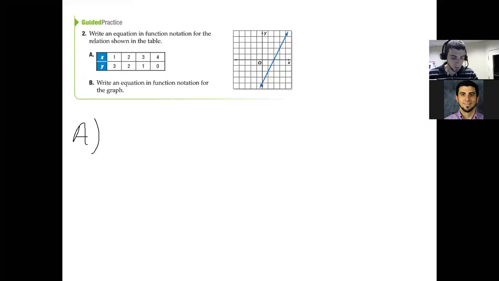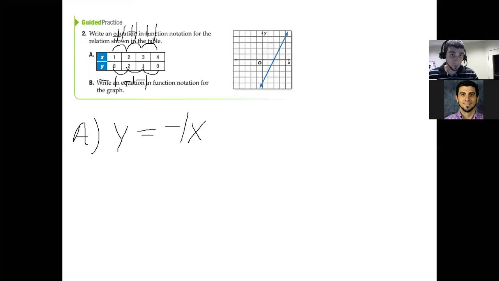So as the x values go up by 1, the y values go down by 1. So that suggests that y equals negative 1x.